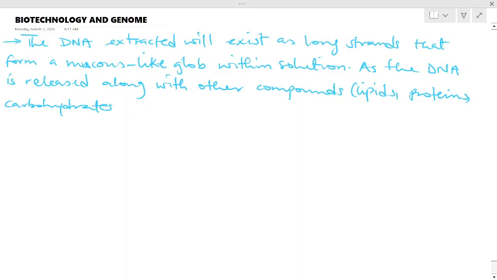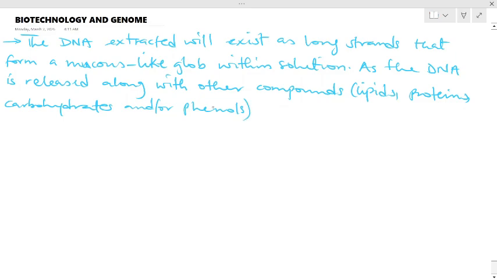The carbohydrates, lipids, and things like your phenols, all of this will be broken and released in solution.